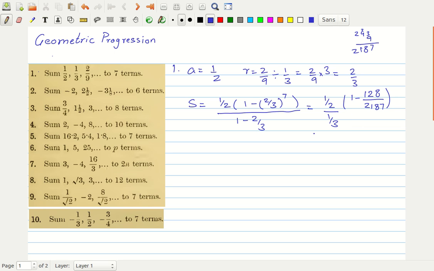So, if you simplify this, it becomes 2187 minus 128, which is 2059, over 2187, times 3 by 2.